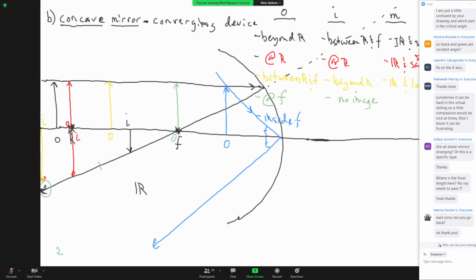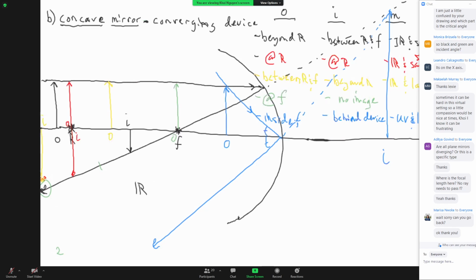The only way that they'll intersect is somewhere back here, forming an image here. So if it's inside of F, the image that we create is behind the device, it's upright and virtual, and it is larger. Okay.